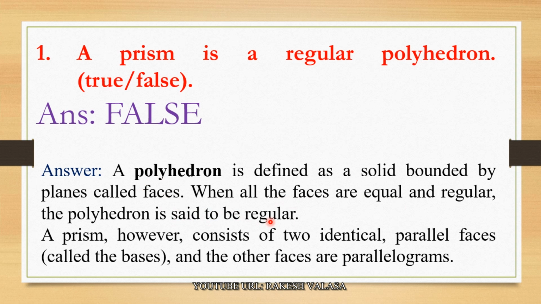Here the given solid is a prism. A prism consists of two identical parallel faces called bases, and the other faces are parallelograms. So that's why a prism is not a regular polyhedron. An example of a regular polyhedron is a cube.